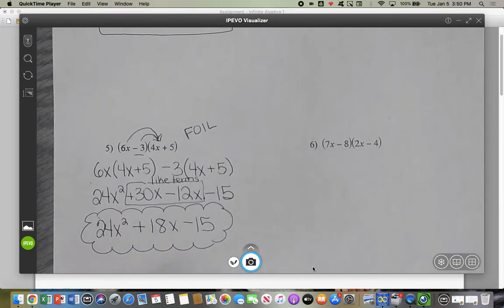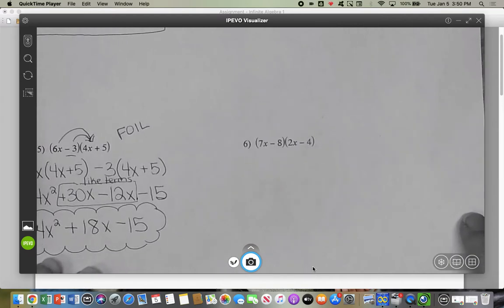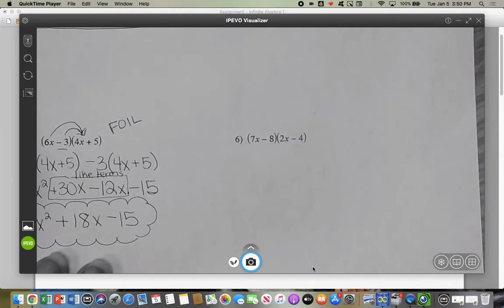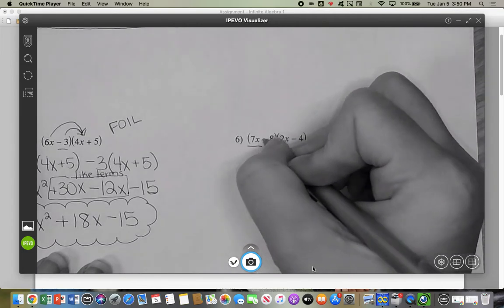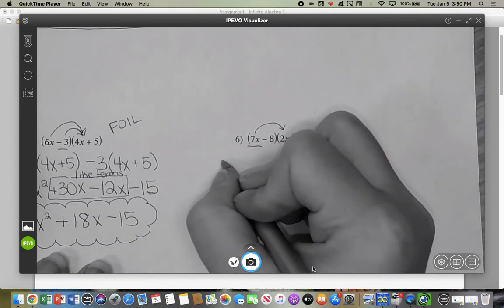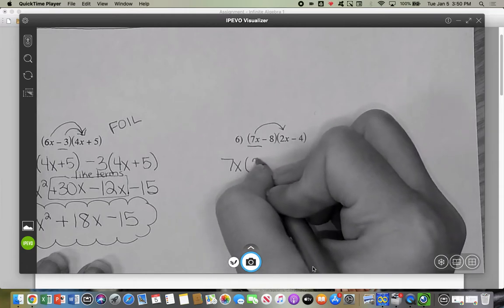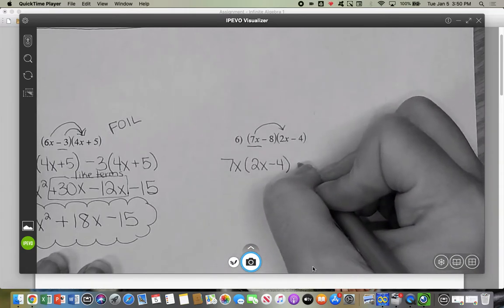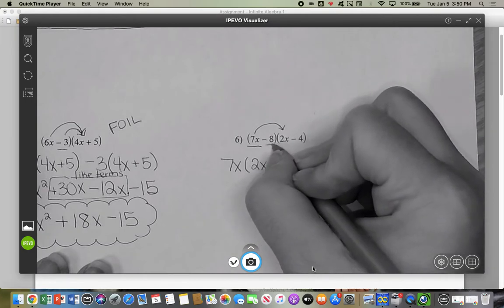So let's do one more like that, and then I will let you guys get started on your assignment. So the first thing, we are going to distribute 7x over to the 2x minus 4. And then I'm going to distribute my negative 8.